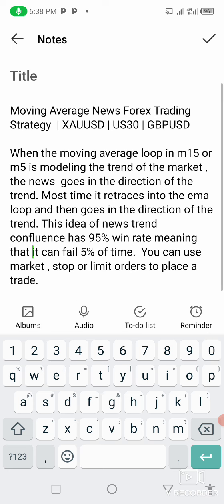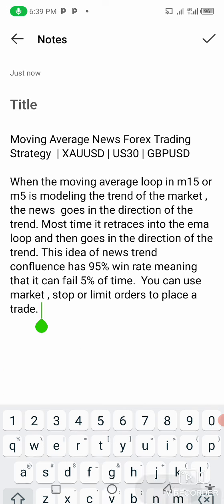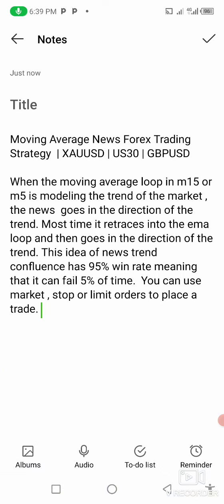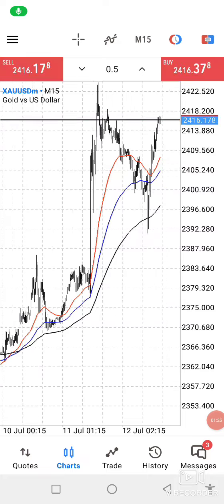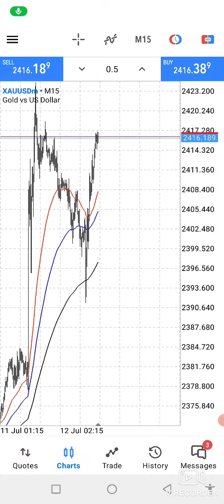You can use market, stop, or limit orders to place a trade. So I'm going to show you this on the gold market, and then we go ahead to see how this can become realistic. Okay, this is the gold market, and this is the moving average loop.